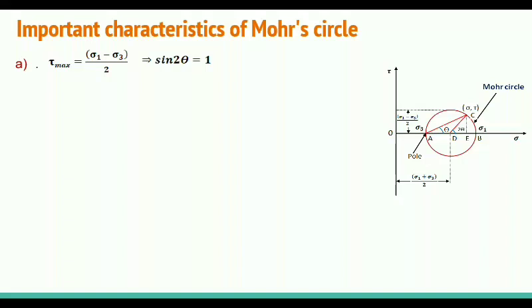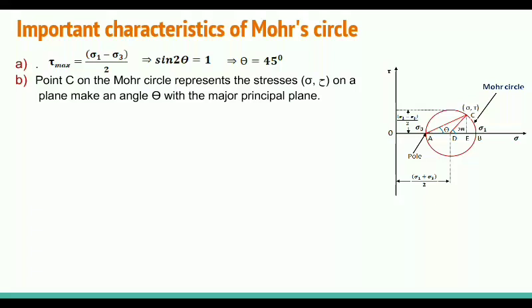So 2 theta equals pi by 2, meaning 90 degrees, and theta becomes 45 degrees. So we can say that at an angle of 45 degrees the shear stress will be maximum. Point C on the Mohr circle represents the stresses sigma and tau on a plane that makes an angle theta with the major principal plane.